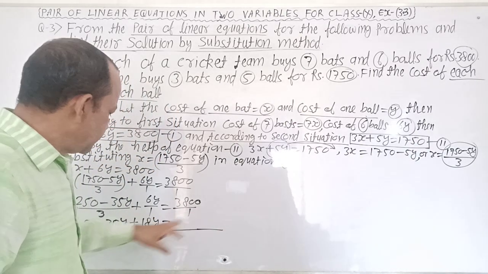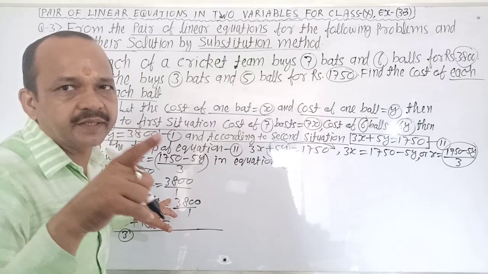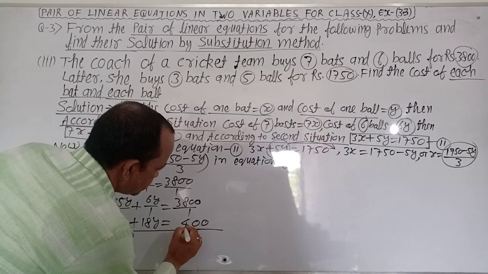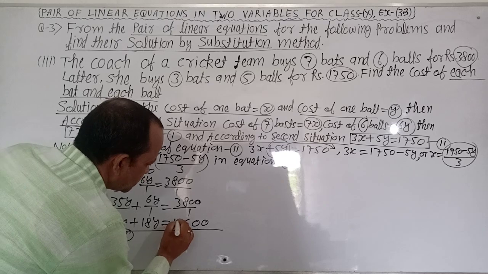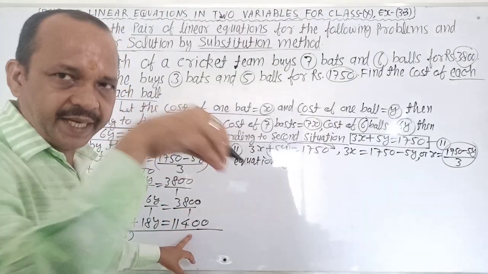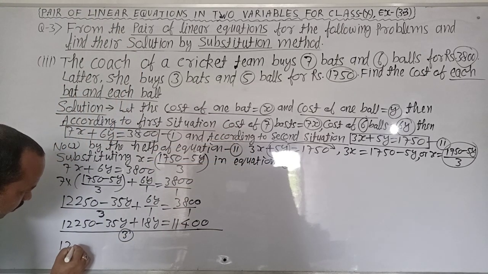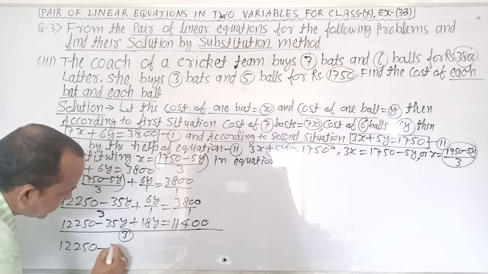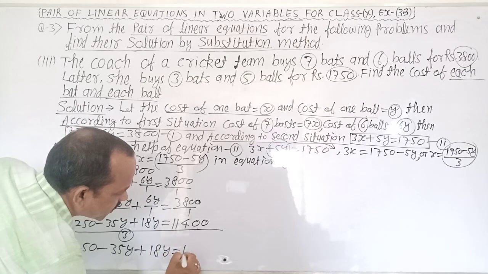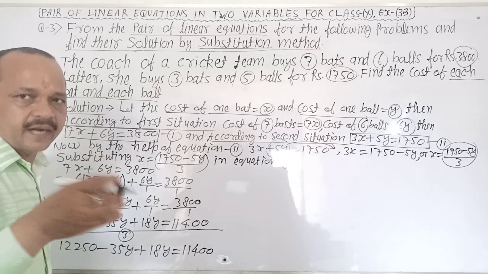Here you divide 3 by 1, you find 3. 3 multiply by 3800, it becomes 11,400. Is it clear? Now you can write it 12,250 minus 35y plus 18y equal to 11,400. Clear?